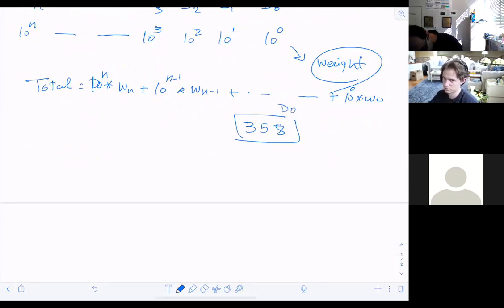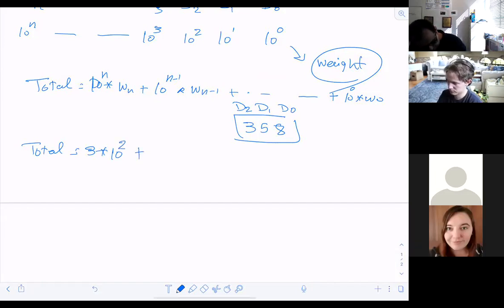We have here D0, D1, D2. So the total will be 3 times 10 power 2, plus 5 times 10 power 1, plus 8 times 10 power 0, which is basically 300 plus 50 plus 8.